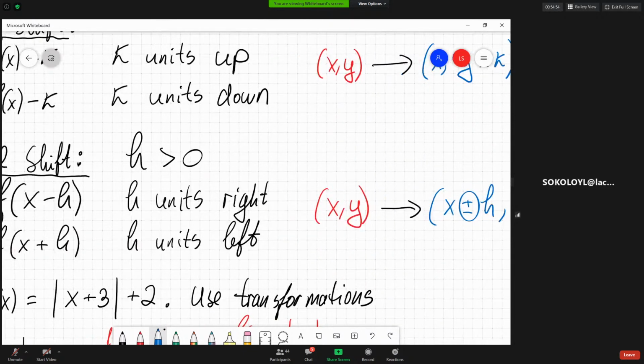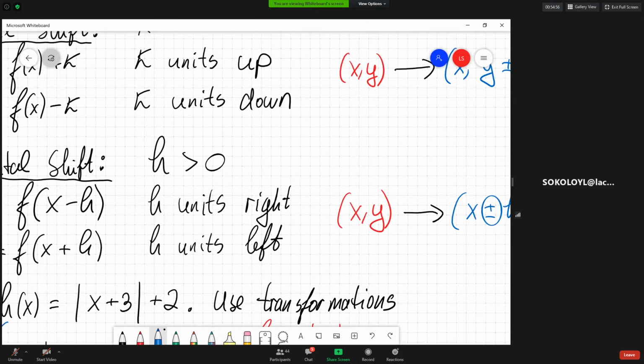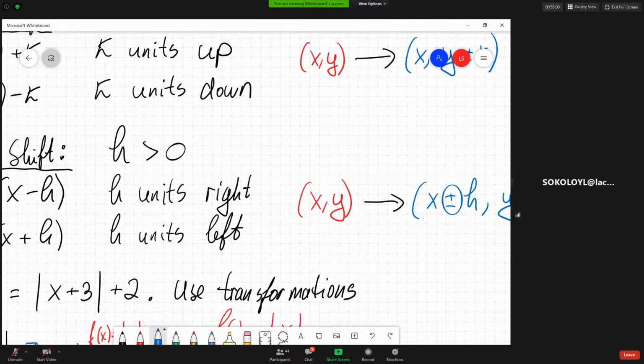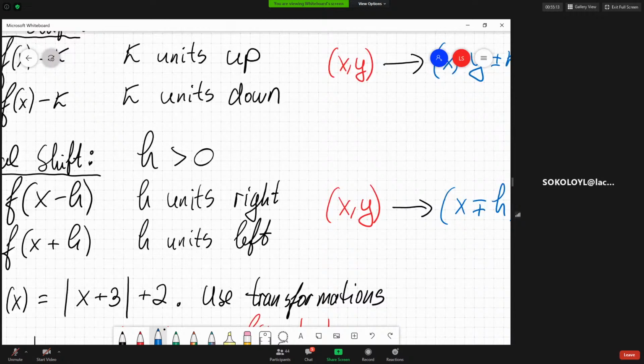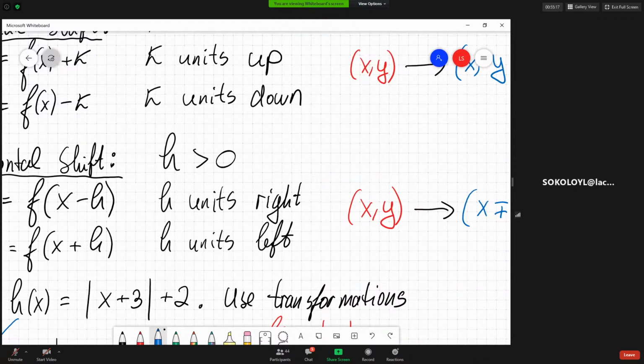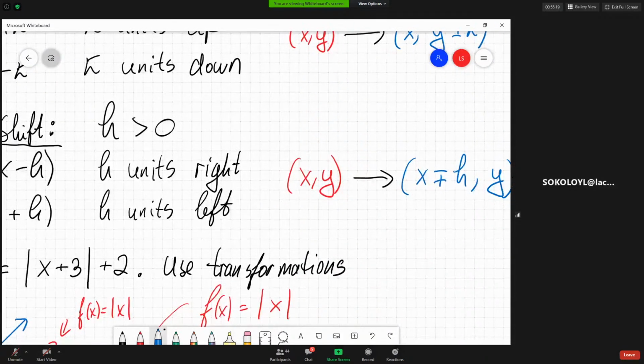Maybe I should have split it as two different ones, but I'm not going to. So what I'll do instead is I'll write minus plus, and then hopefully you'll recognize what that means. So if we have minus h, then we go to the right. If we have plus h, then we would go to the left.